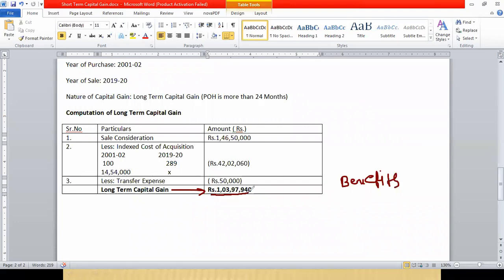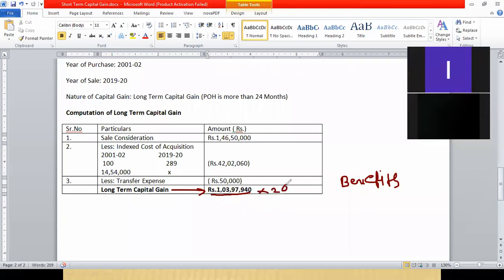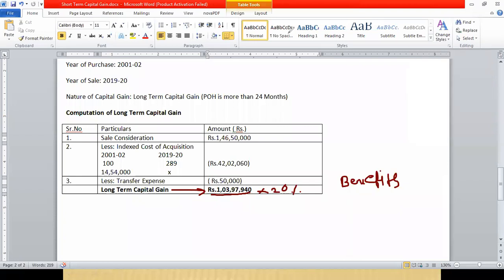If 20% tax is calculated on 1 crore 3 lakh 97,000, it will be a very huge amount. So for that purpose, the Income Tax Act gives various benefits to the assessee: if they invest this amount in some different places, then they can get the benefit.